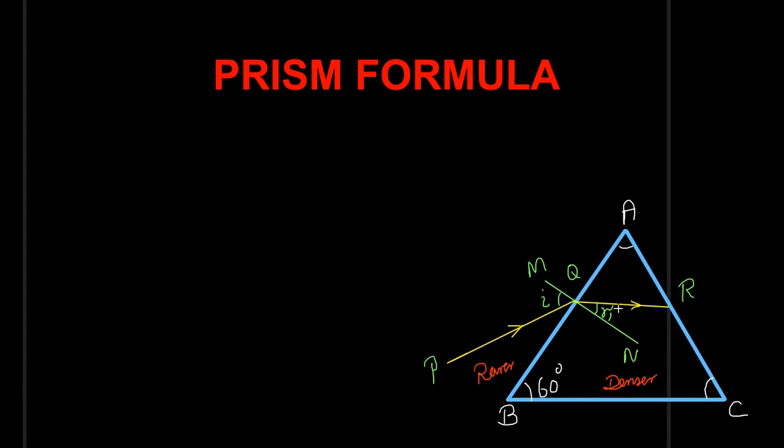The refracted ray from the face AB, QR, is the incident ray to the face AC, meeting at the point R on the face AC. So let us draw a normal to the face AC.